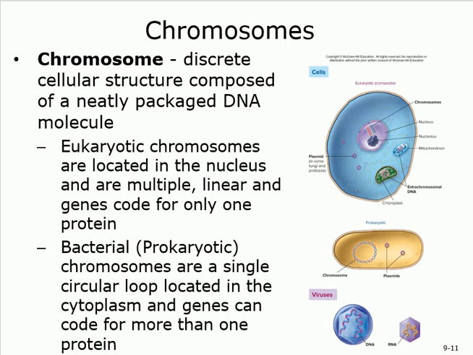This is a very important comparison between the chromosomes in eukaryotes and prokaryotes. In eukaryotes, the gene will code for one protein only. And in prokaryotes, it can be different than that. It can be for more than one. Are we following so far? These are the differences.